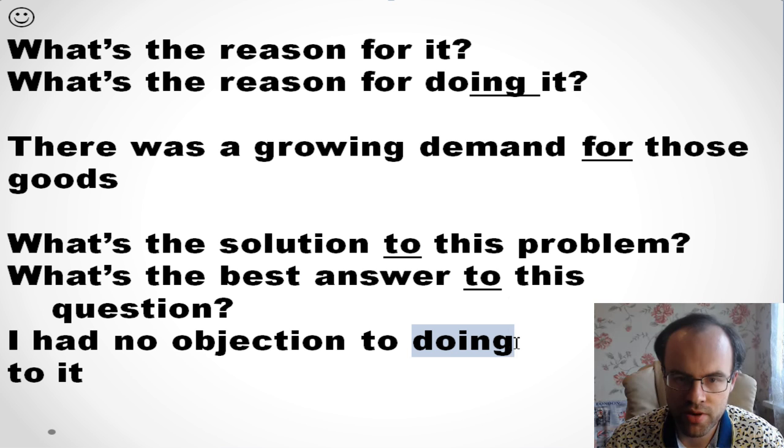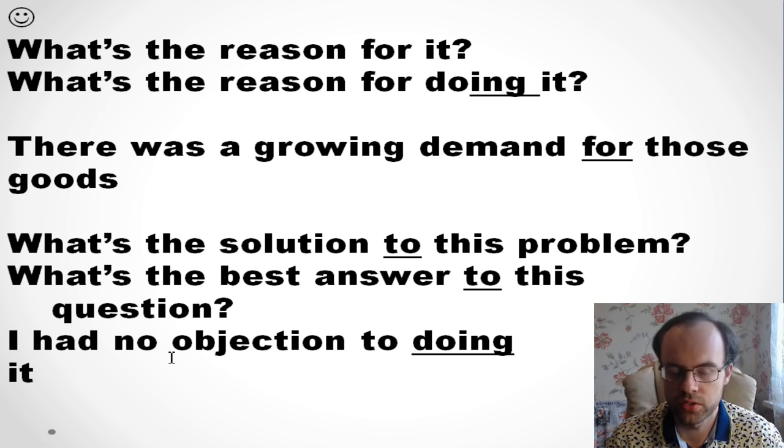It's about grammar. You need to remember objection to doing something. It's an exception. We mostly say to plus verb, but here we say to plus verb plus ing. I had no objection to doing it. It means that it was okay. I thought, yeah, we can do it.